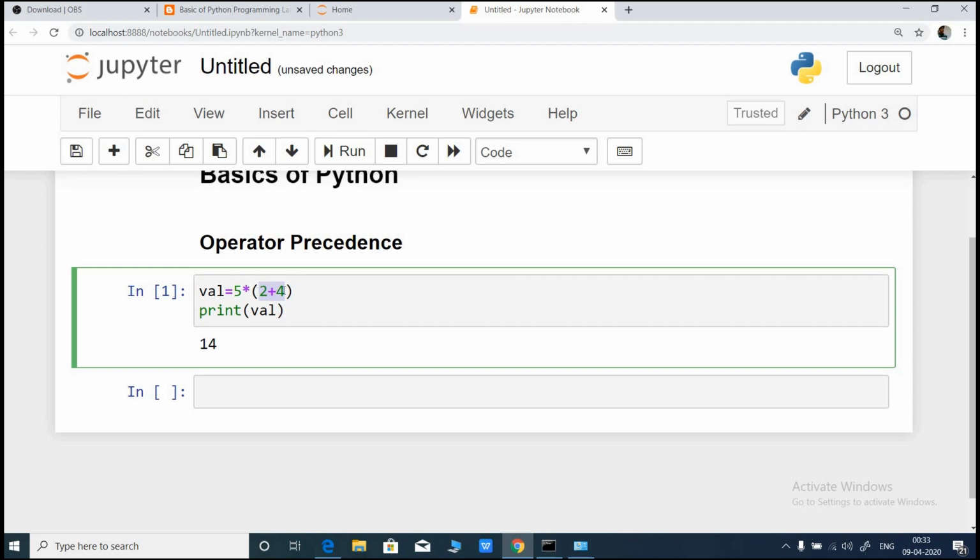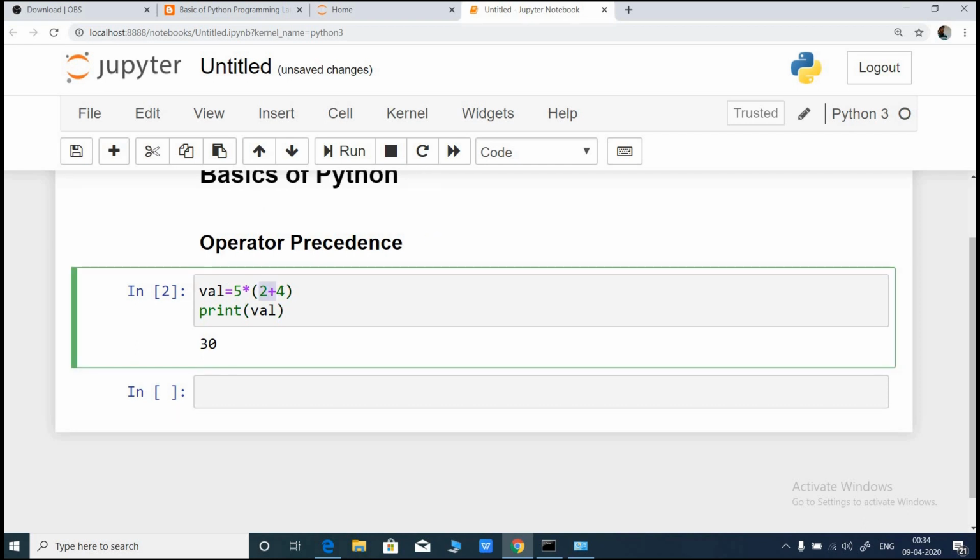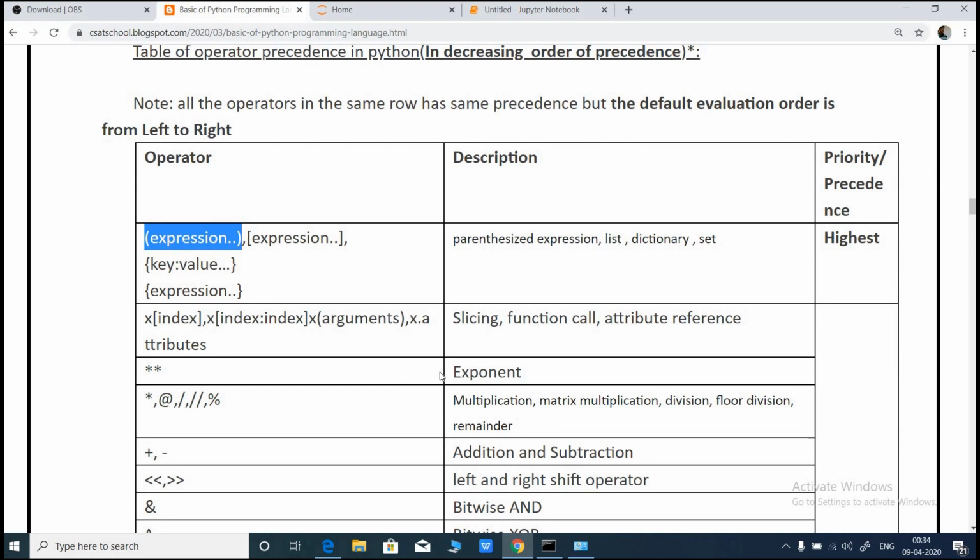So if I execute, 4 plus 2 is 6 and 6 times 5 is 30. Hence our operator precedence order can also be changed using parentheses. Either parentheses or even other brackets will work. So this table tells us about everything.